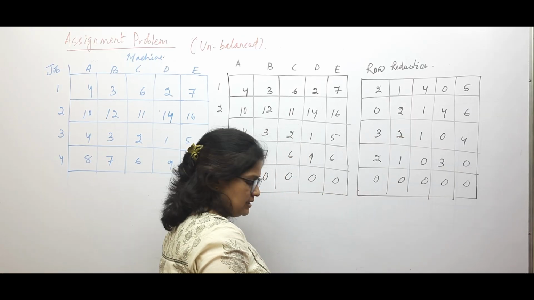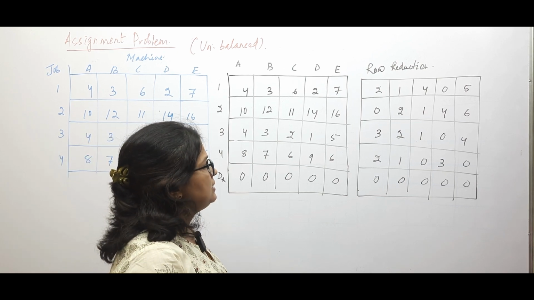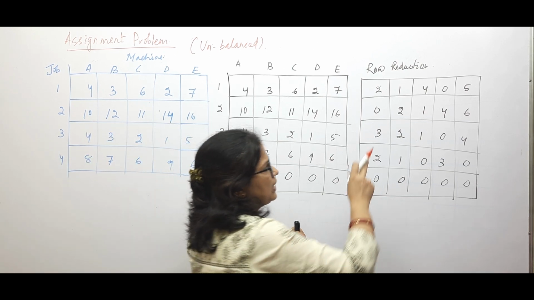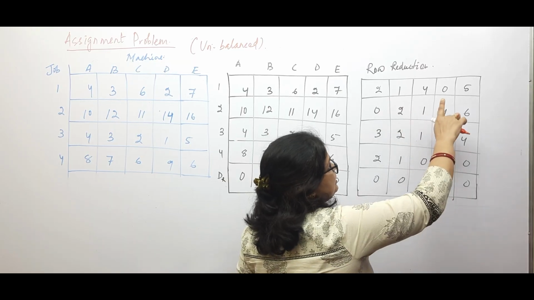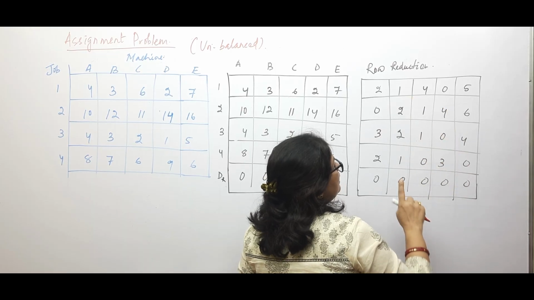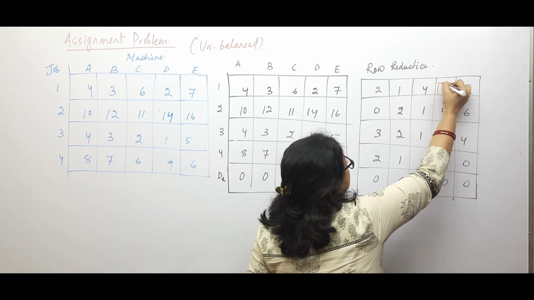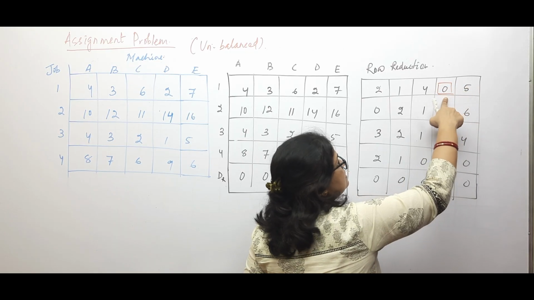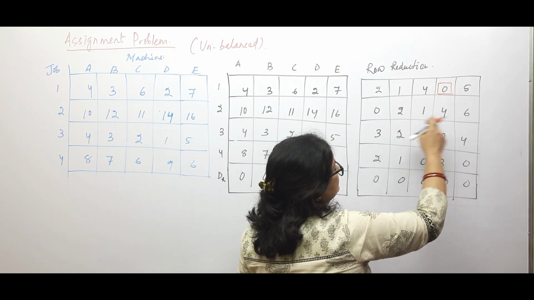For assigning 0s, we have to check row wise, then column wise. First we need to check for a single 0 in each row and then in each column. So here, I can make one assignment as this row has one 0.